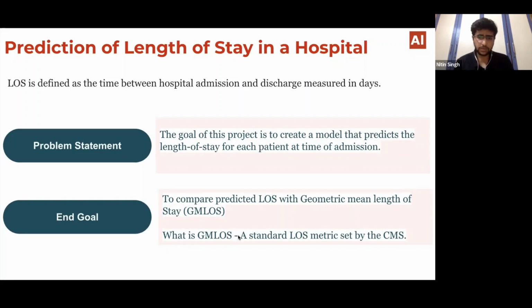So what is geometric length of stay? This is a standard LOS metric set by CMS. And what is CMS? CMS is the governance body which handles all the US hospitals together.